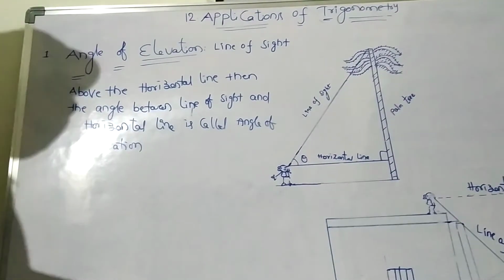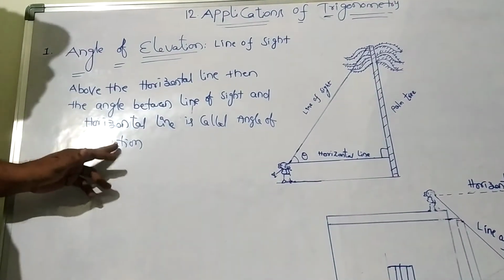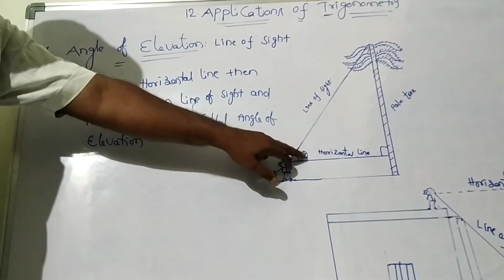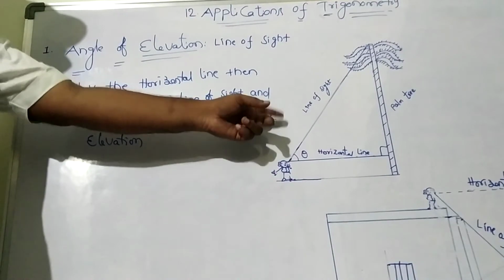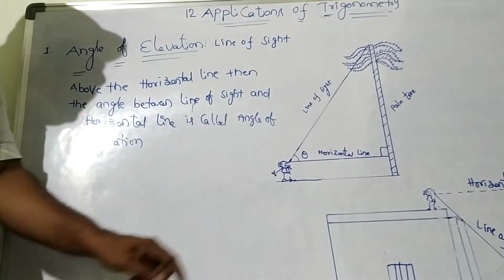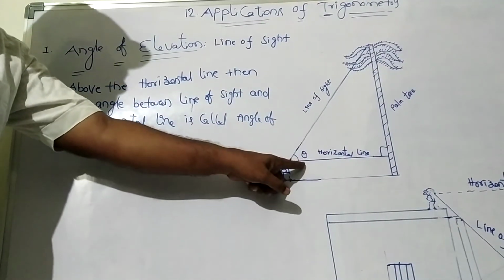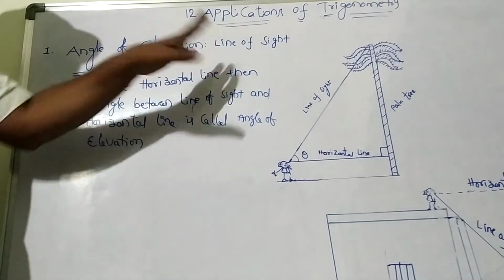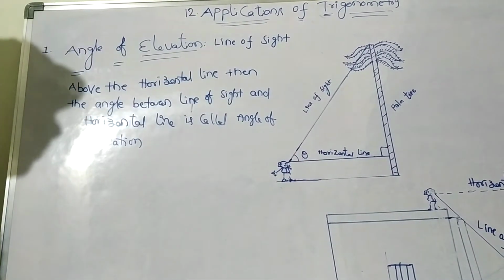Okay, so friends and students, angle of elevation means the line of sight is above the horizontal line, then the angle between the line of sight and horizontal line, here theta, is called the angle of elevation. That is angle of elevation.